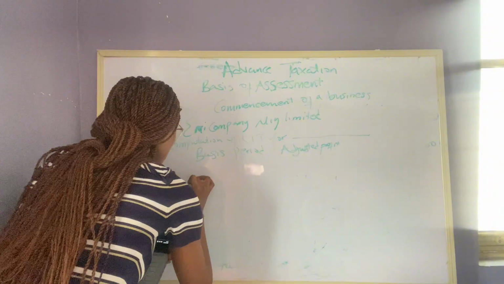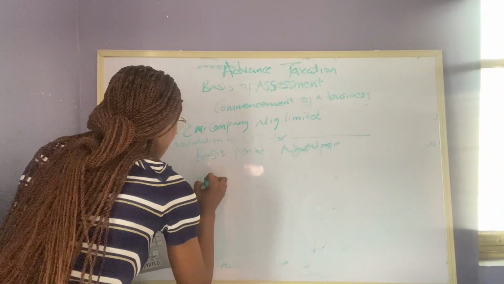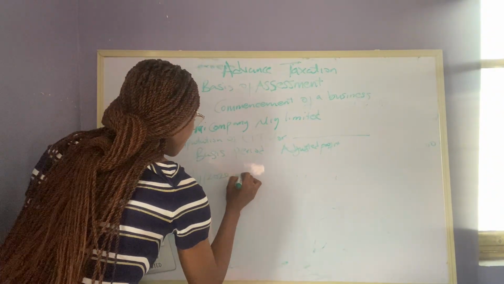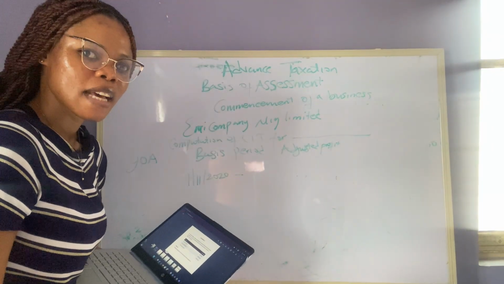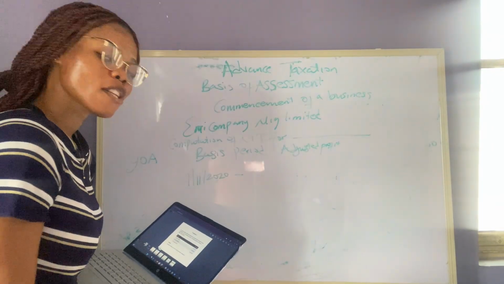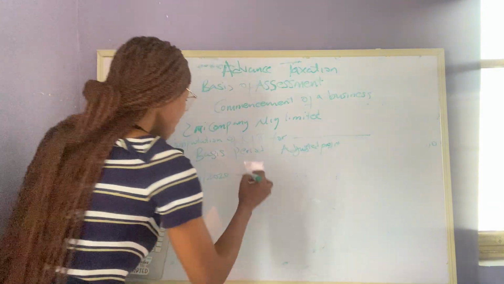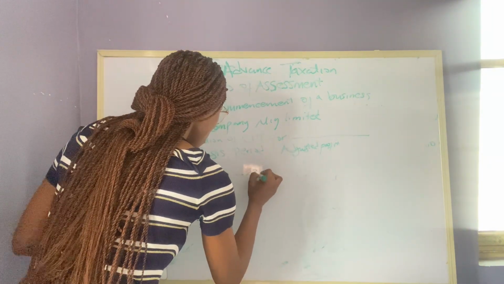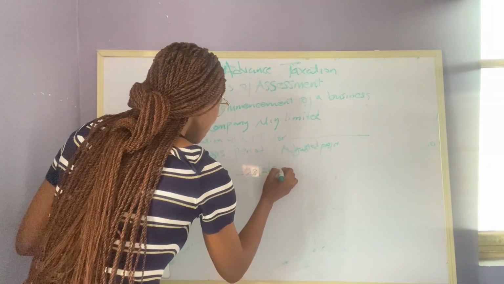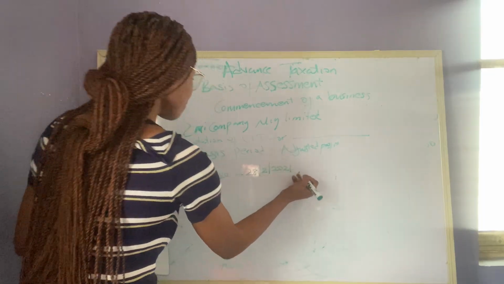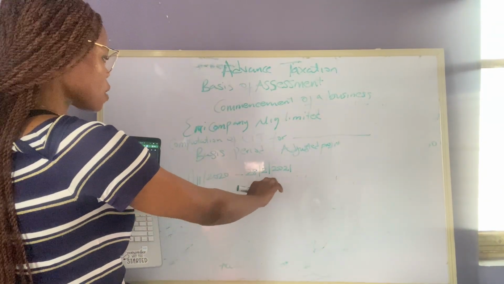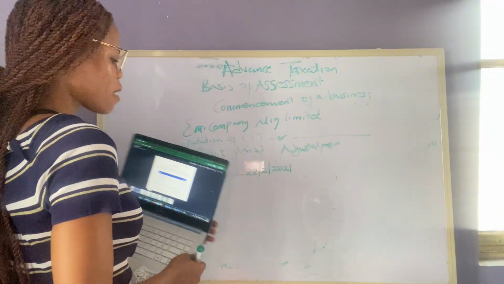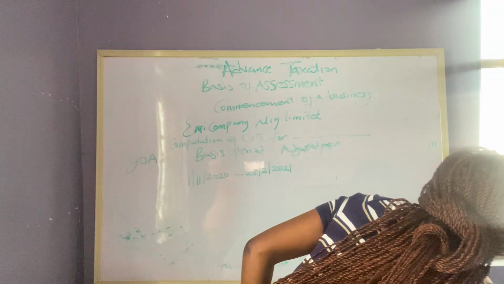So 1 November 2020 till the company accounting year reporting date, which is 28th of February every year. Now we say 28th of February 2021, because this is November 2020, so the next one is going to be 28th of February 2021.